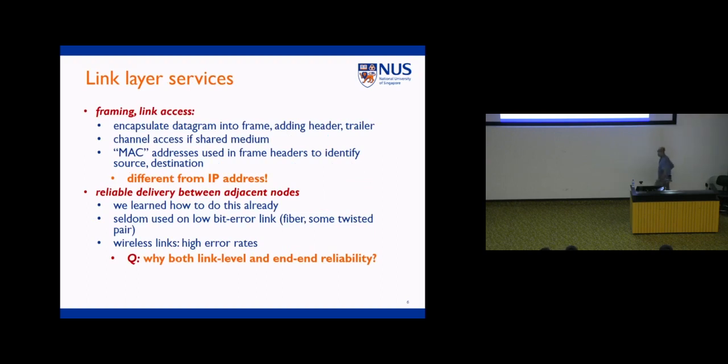Now let's look at some of the services that a link layer protocol needs to provide. As with any other layer that we have seen, the application generates the data, gives it to transport. Transport takes that data, adds its own headers. UDP will add its own headers, or TCP will add its own headers.